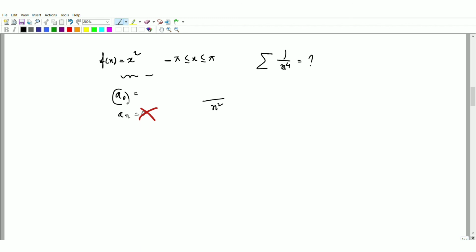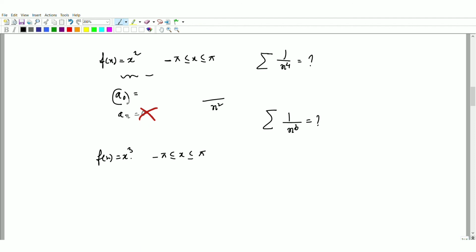Okay, so that one you can do by yourself. And if you want to find this infinite summation of 1 by n to the power 6, okay, then you have to start with the function x cube from minus pi to pi.